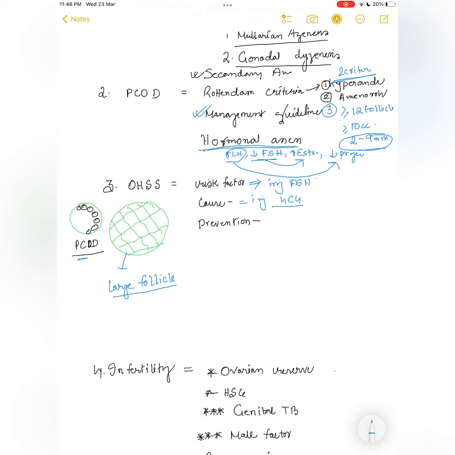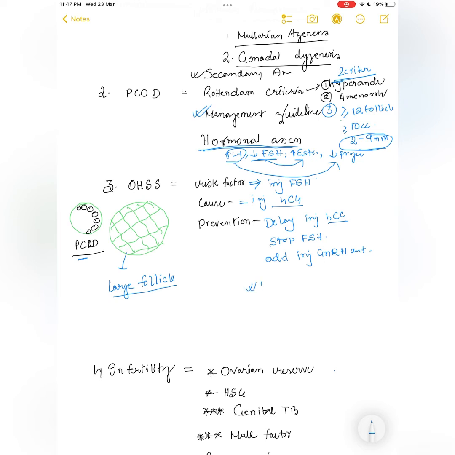And you have to know the prevention. This is also very important. In prevention there are a total of 4 to 5 points, but I will especially stress what you have to remember: delay injection HCG, stop FSH, and add injection GnRH antagonist.